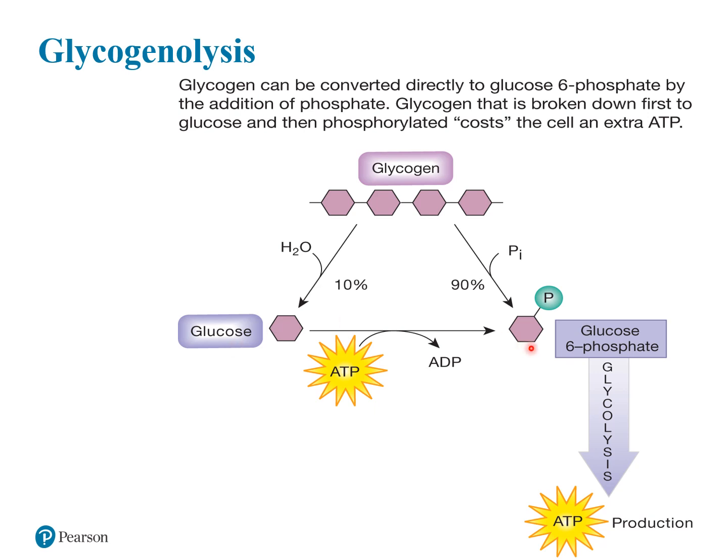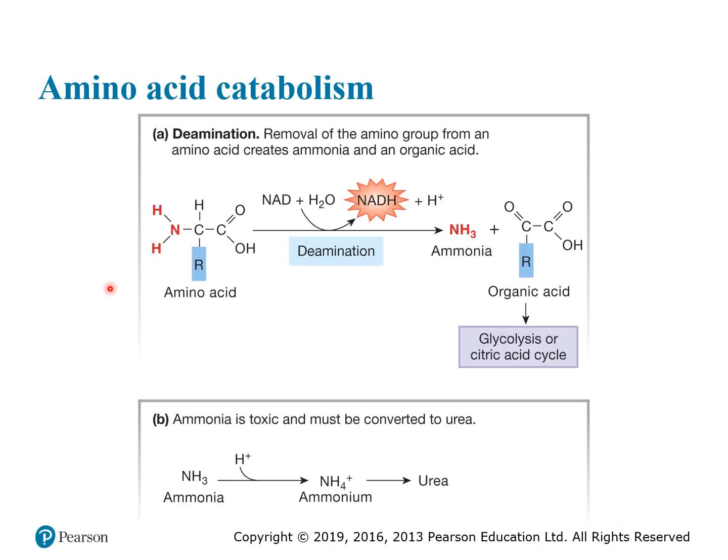But at the end of the day, after we get that glucose 6-phosphate, either directly or by extra steps, that glucose 6-phosphate will enter into the glycolysis process during cellular respiration, and we go ahead and we make lots of ATP.